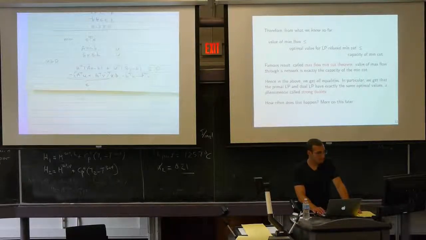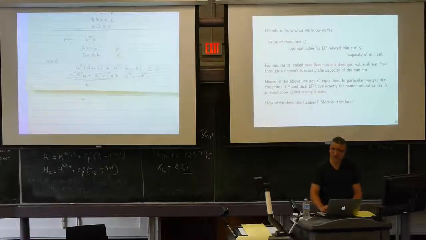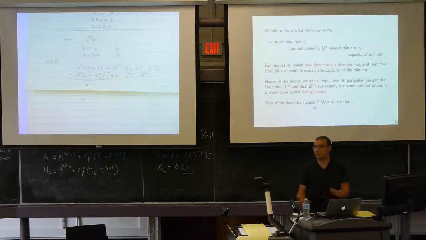And so the question we're going to ask is, how often does this kind of thing happen? Did we just get lucky with max flow and min-cut, or with the LPs I wrote down? Or do we always get that the upper bounds we construct being equal, and the fact that we can get solutions to, say, the primal problem from the dual?